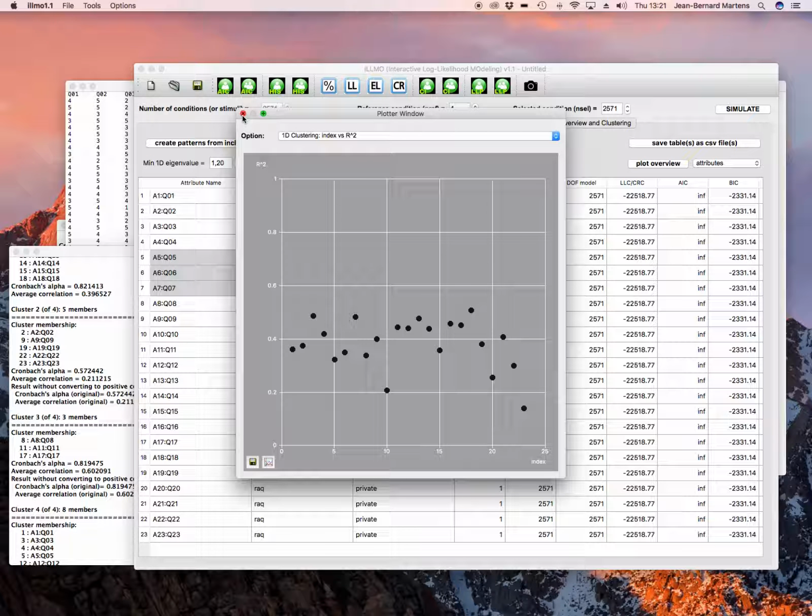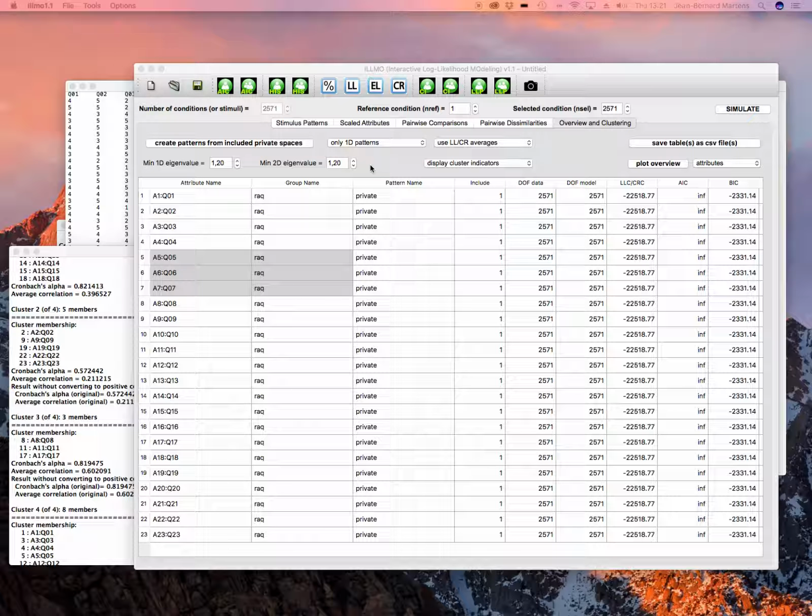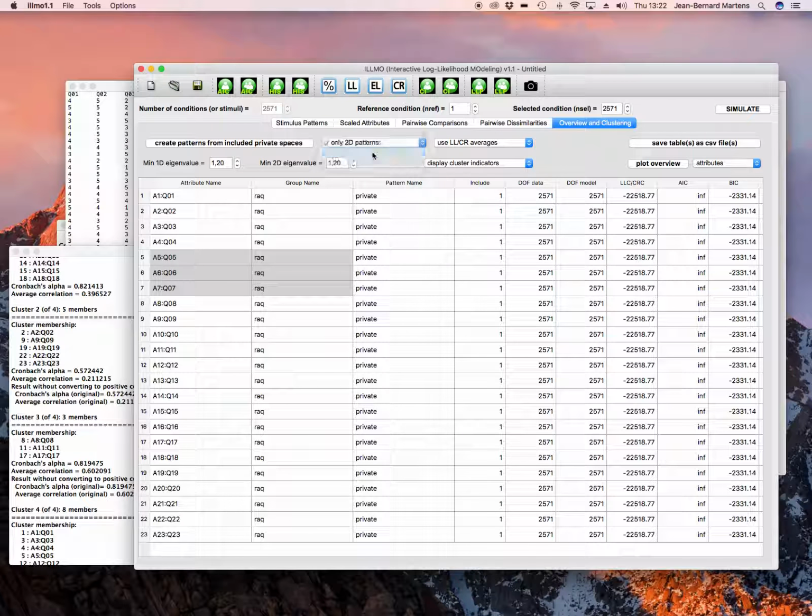This doesn't show much relationship, so there's another way to actually perform clustering that shows more relationship between the different questions. That's to perform what I call 2D clustering, in which we make clusters where the underlying pattern is not one-dimensional but two-dimensional.